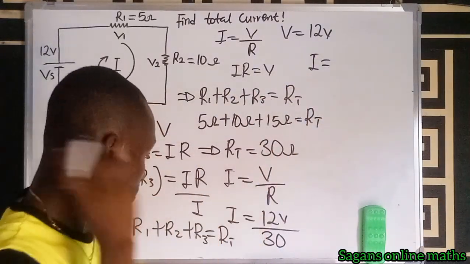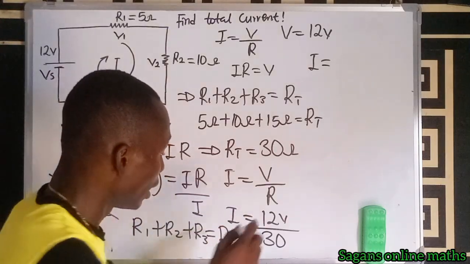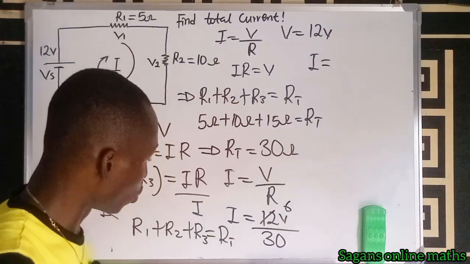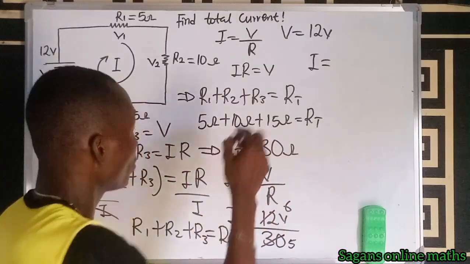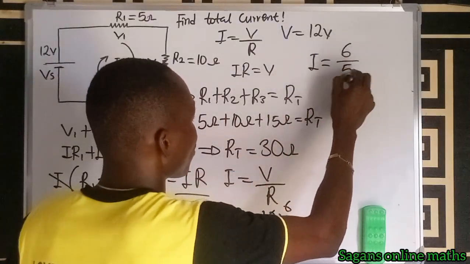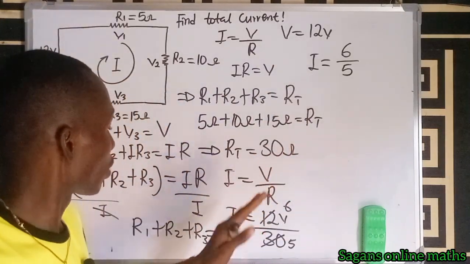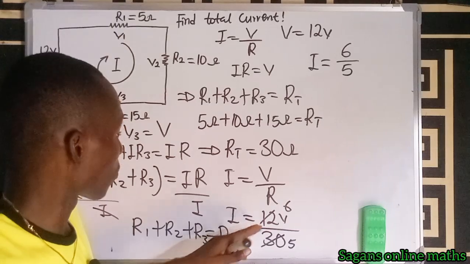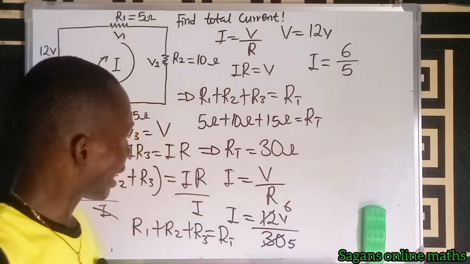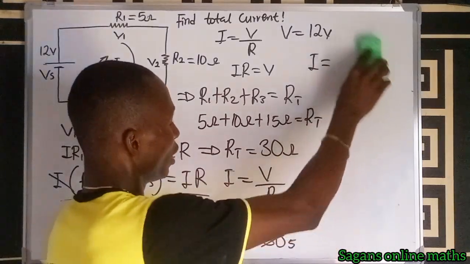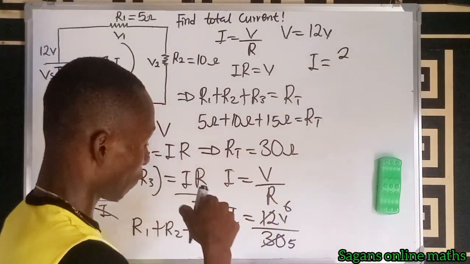Now, 6 goes into 12 two times, because 2 times 6 gives us 12, right?